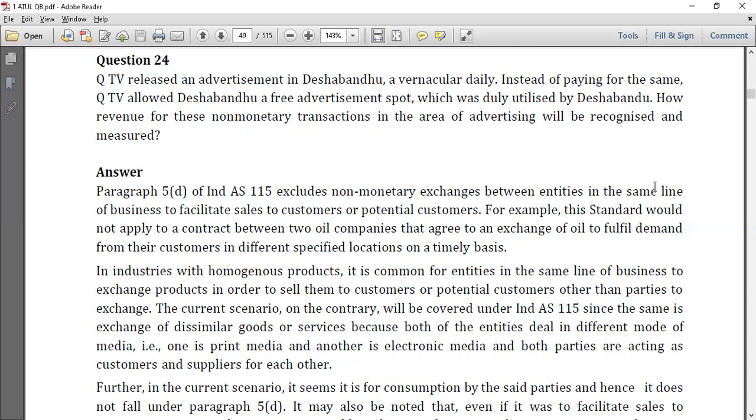Here both are different modes of media, even though they are communication media only, but still one is a paper and the other is a TV.